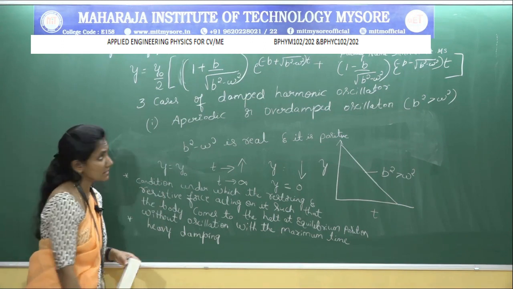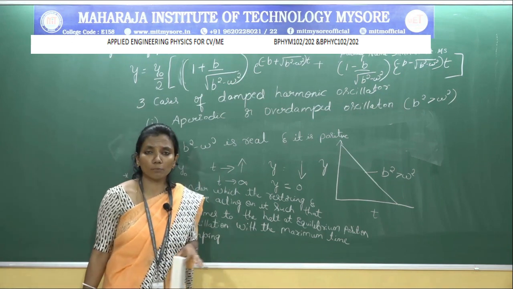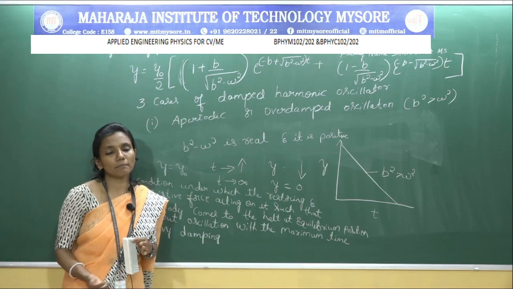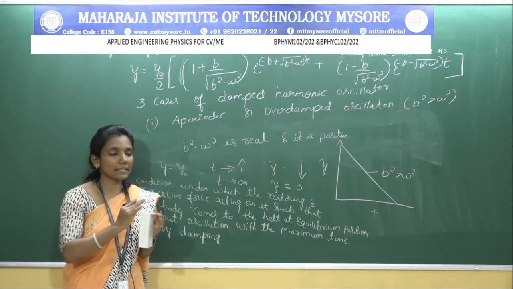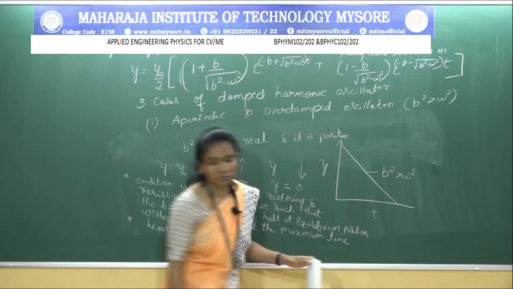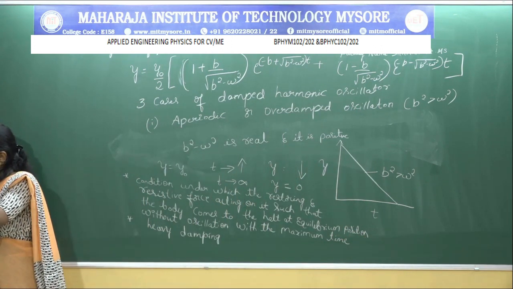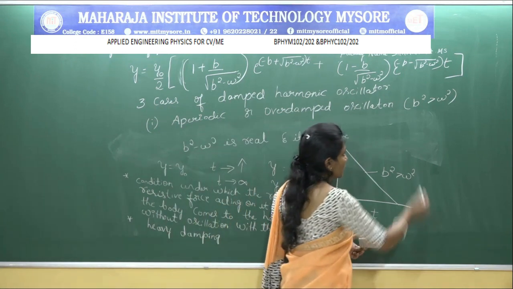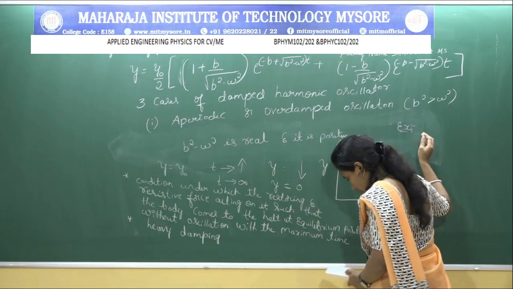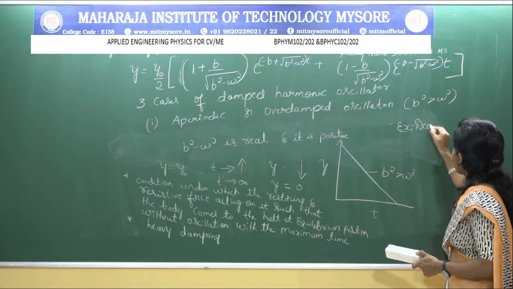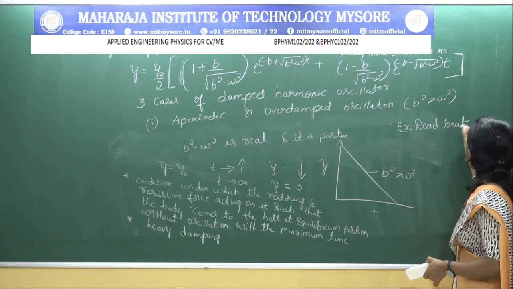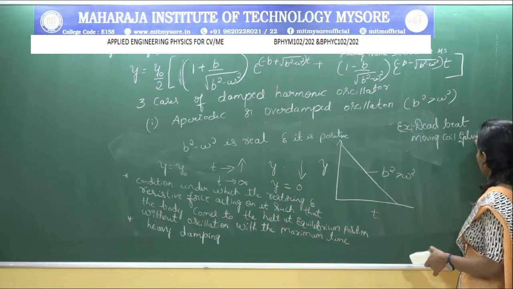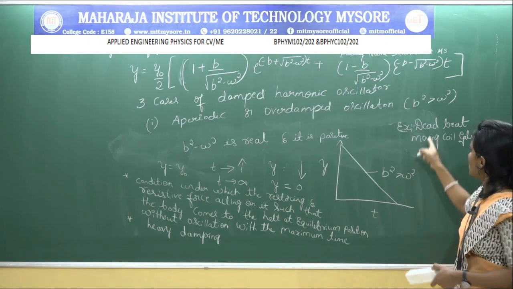So what are the examples for this? We observe aperiodic or overdamped oscillations in a dead beat galvanometer, the dead beat moving coil galvanometer.